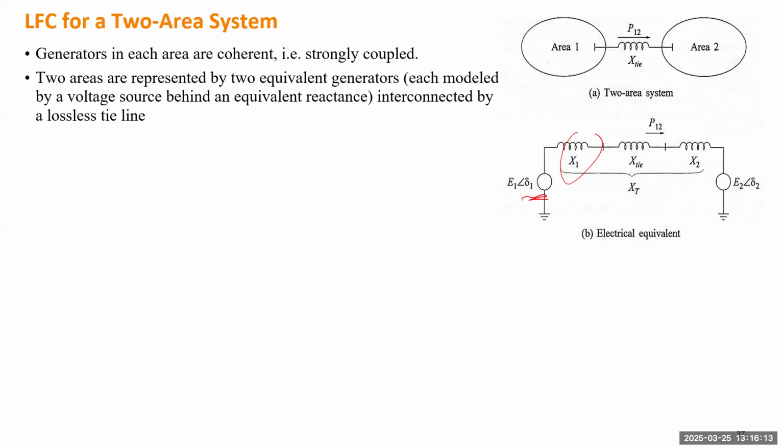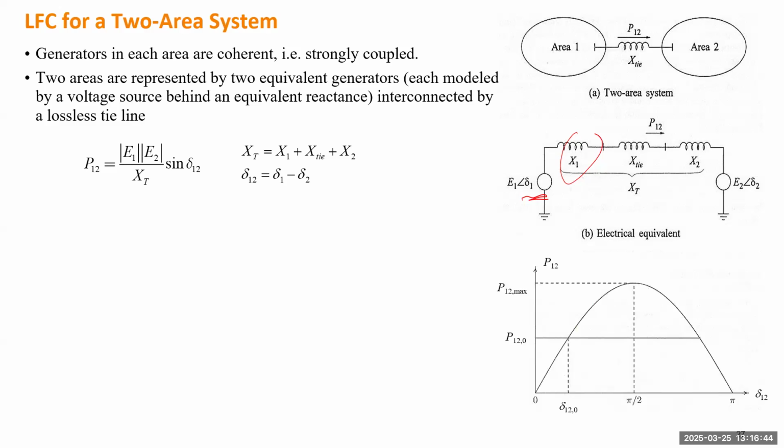So for this system, you can easily calculate the power flow, right? That's very simple. The active power flow from area 1 to area 2 is simply the product of the voltage magnitudes of the two EMFs divided by the total reactance, which includes the single reactances of both generators and also the tie line reactance in the middle, multiplied by the sine of the angle difference.